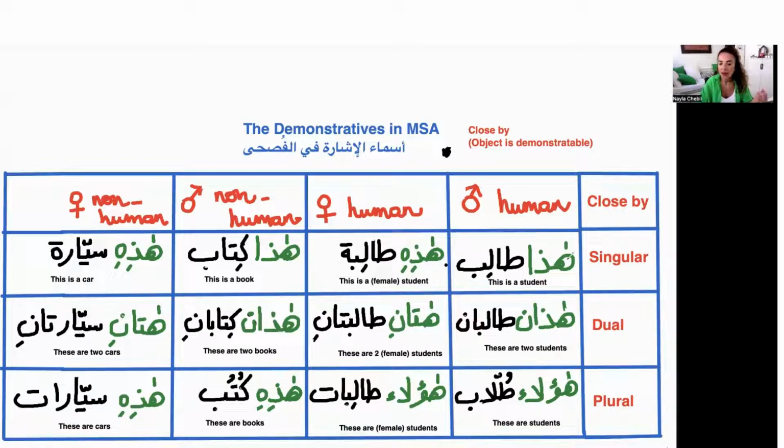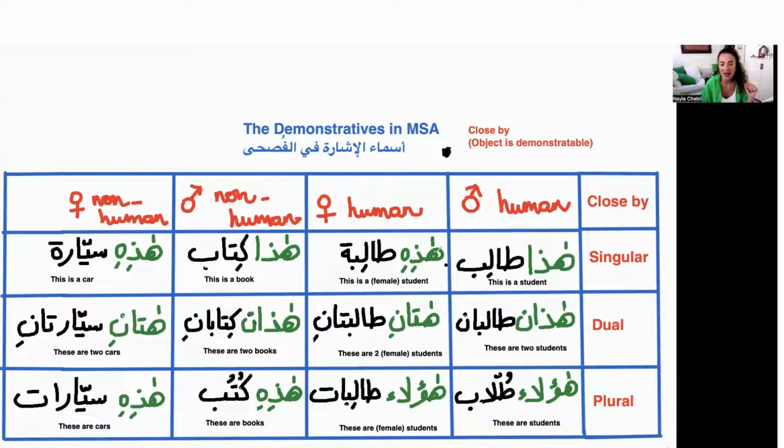In this example, I have هذا طالب, which translates to this is a student. I used هذا because طالب is a singular masculine male.